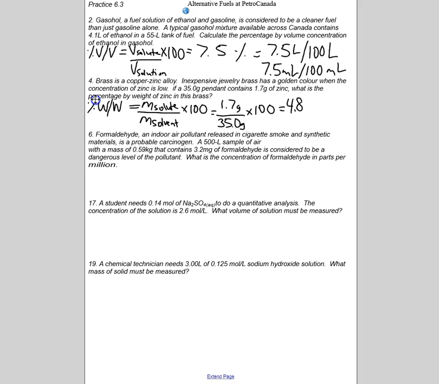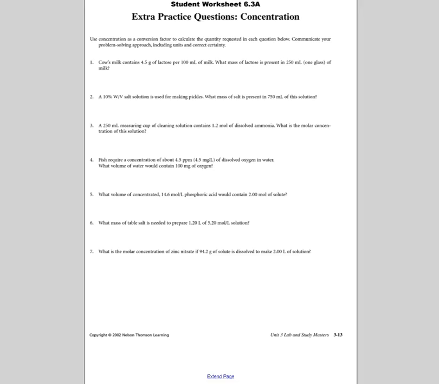We could either call that grams per 100 grams or 4.8% by weight. So percentage concentration usually is a real simple ratio of two different values, which may have the same unit or different units. When we look at applying percent concentration in your worksheet, you'll have some questions which will have you using percentage concentration in here.